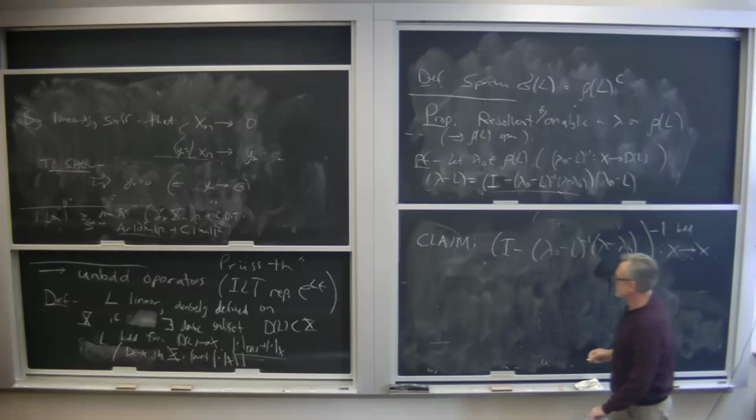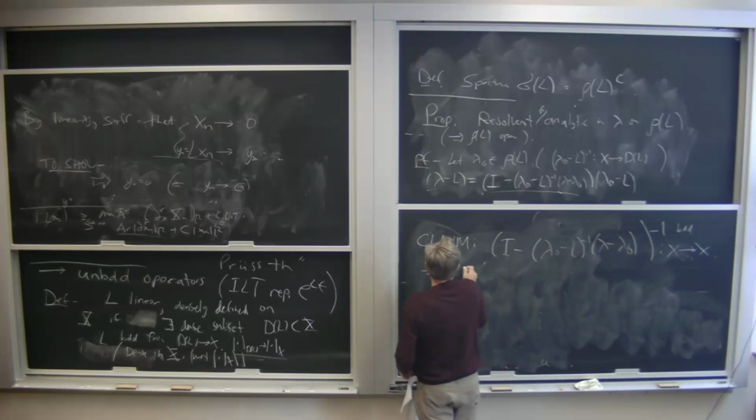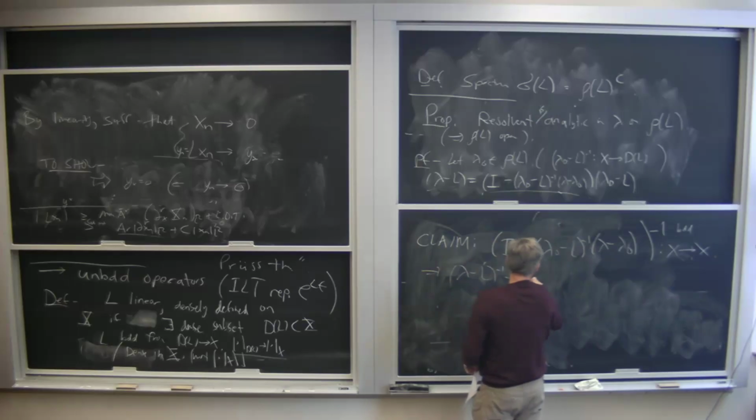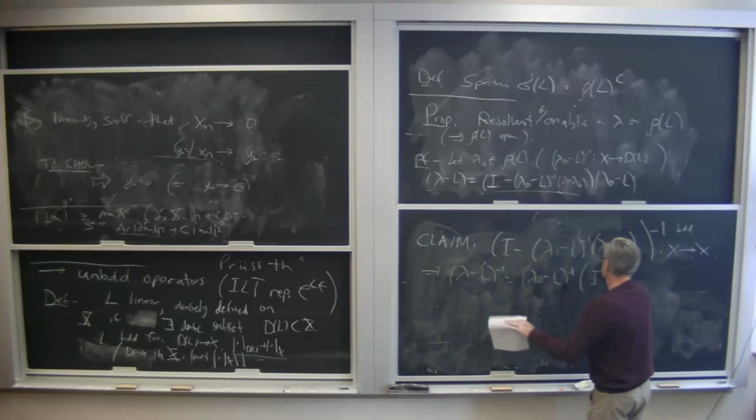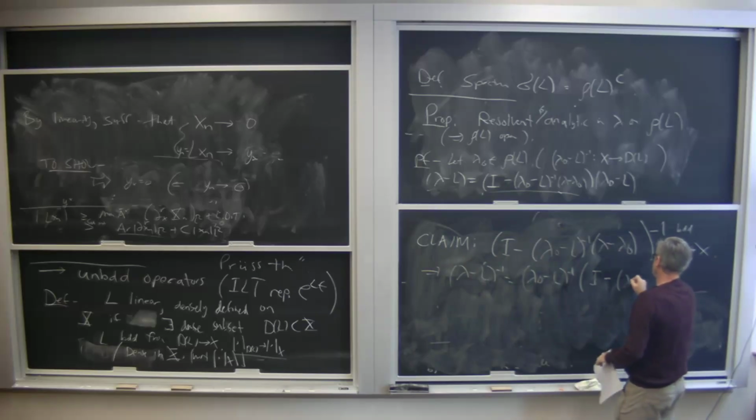And if so, then I will have that lambda minus L inverse is equal to lambda naught minus L inverse times this whole Birman-Schwinger part.